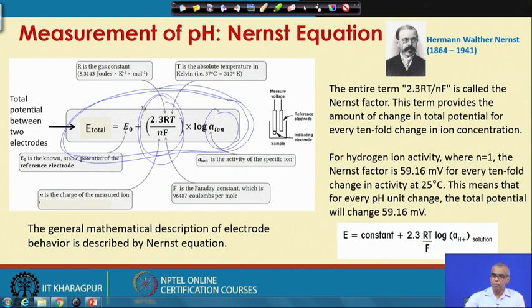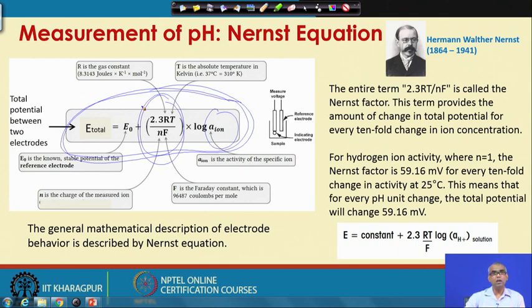This term provides the amount of change in total potential for every 10-fold change in ion concentration. For hydrogen ion activity, where n equal to 1, the Nernst factor is 59.16 millivolt for every 10-fold change in activity at 25 degrees Celsius. This means that for every pH unit change, the total potential will change 59.16 millivolt.